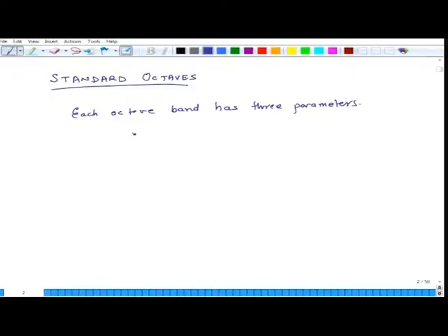The first parameter is the upper frequency limit, which we designate as Fu, with U standing for upper. Then it has a lower frequency limit, designated as Fl, and then it has a central frequency, designated as Fc.